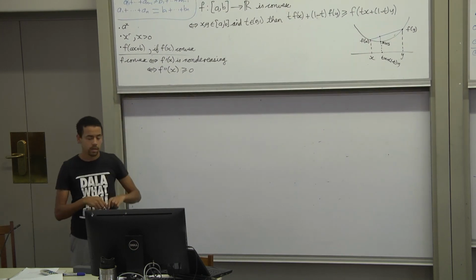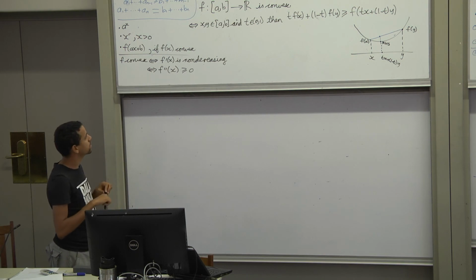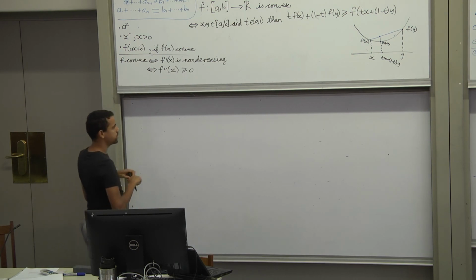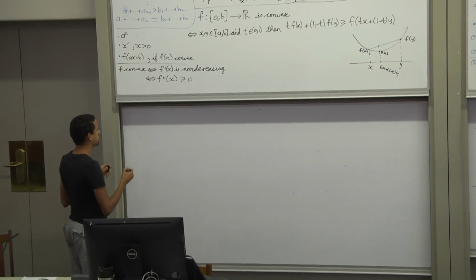Now, if you have a convex function, you can then do Jensen's inequality.